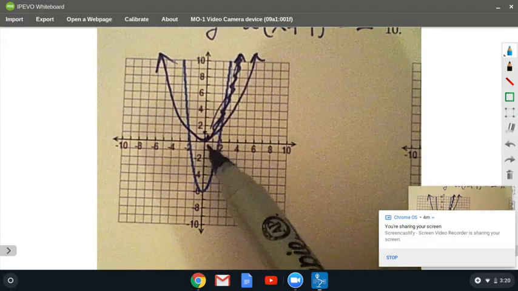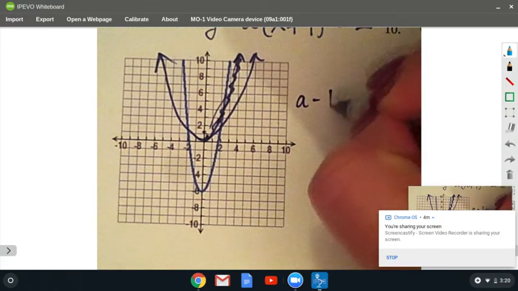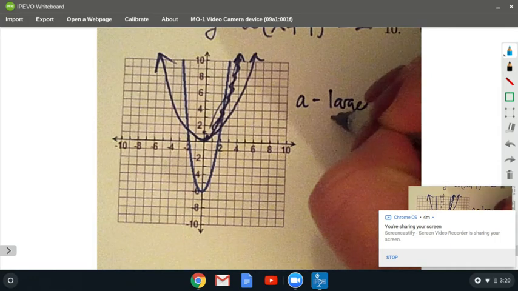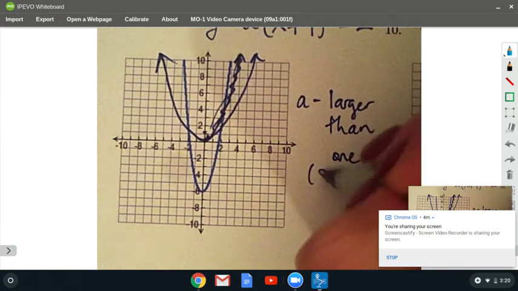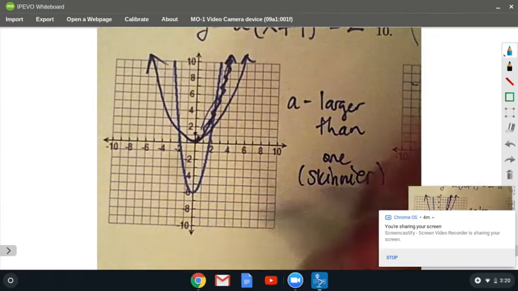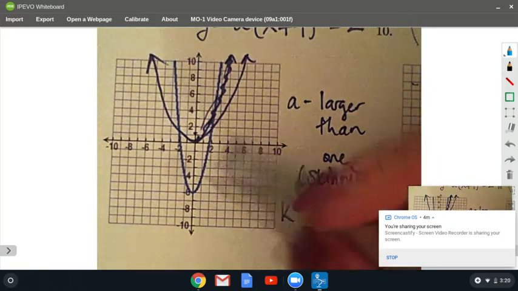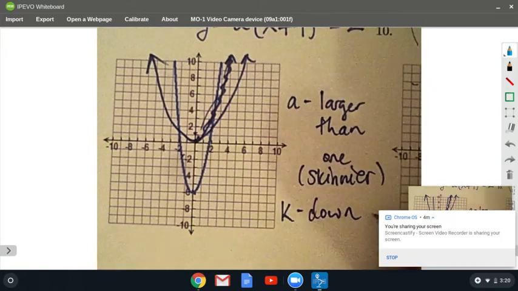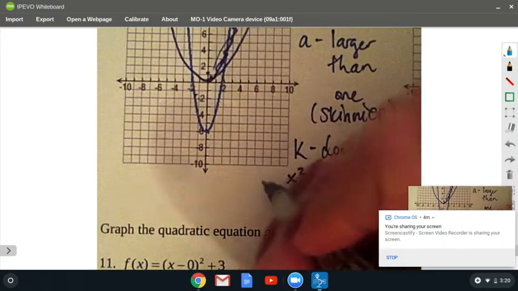So I think the A value should be larger than 1. It should get skinnier. Okay. I do notice that it moves downward. So the K value, it goes down from 0, it goes down to negative 6, so down 6. So my parent function looks like that.